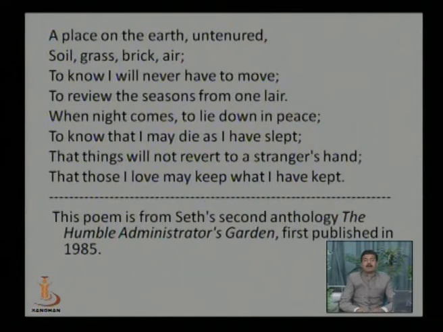Similarly, when night comes, to lie down in peace, to know that I may die as soon as I have slept. Means to know that I may die as I have slept.